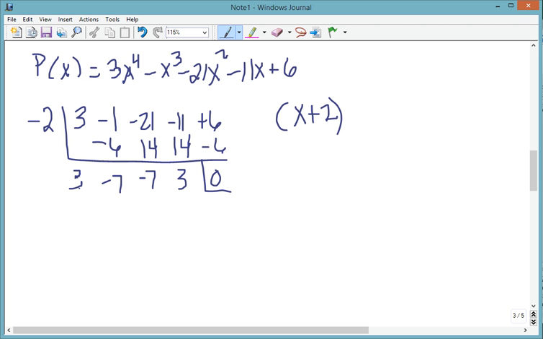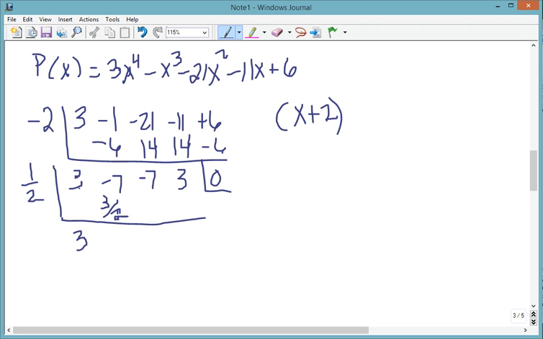Okay, now, we can do fractions. Not as fun, but we can do them. Bring down the 3. 1/2 times 3 would be 3 halves. If I had to get a common denominator to add, right, so the 7 would be 14 halves.